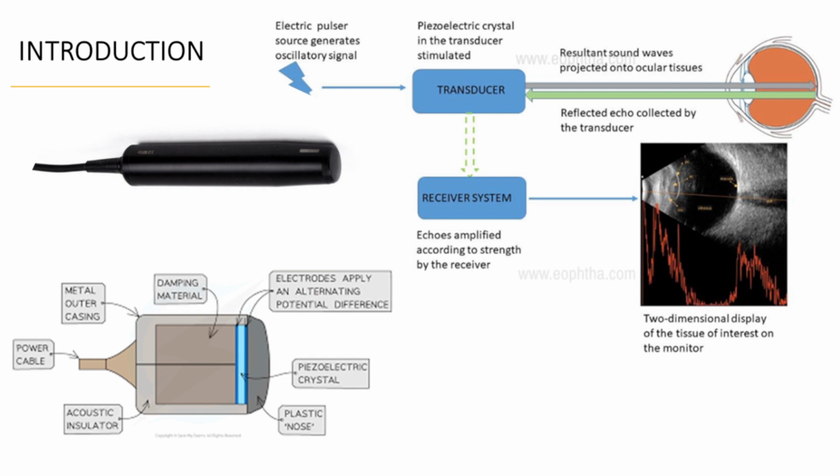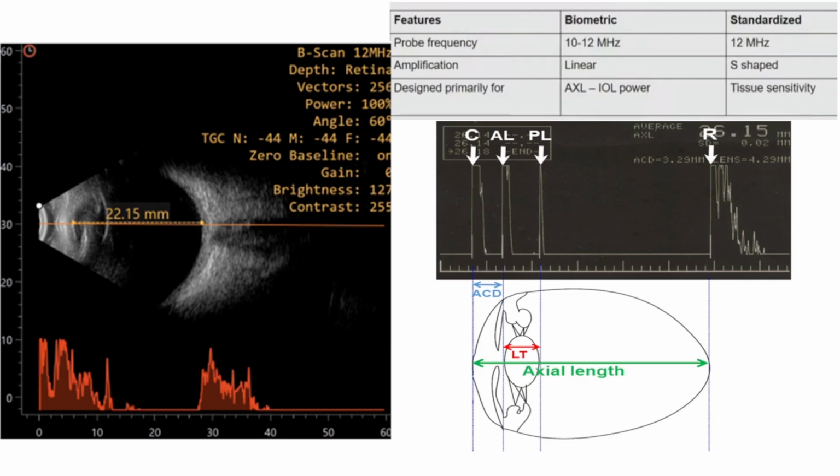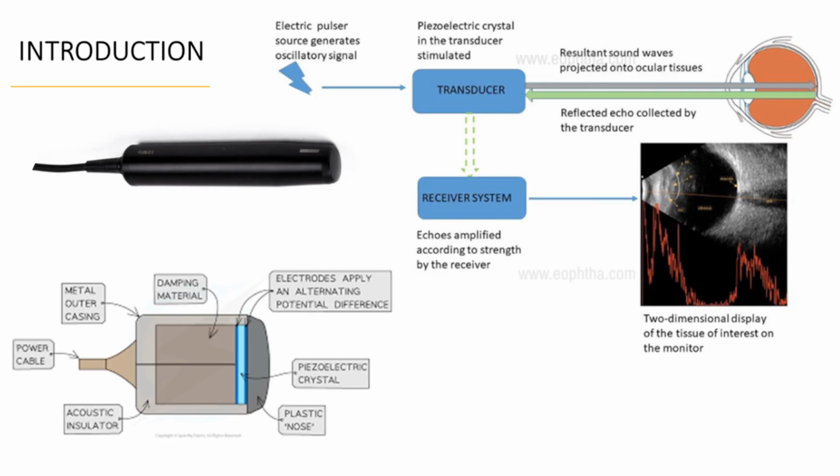Basically, ultrasound works on the principle of pulse echo. In the first diagram, we can see the ultrasound probe, and this is the interior of the ultrasound probe. The electrodes at the sides of the piezoelectric element stimulate it, and on stimulation, the piezoelectric element starts oscillating and generating longitudinal waves.